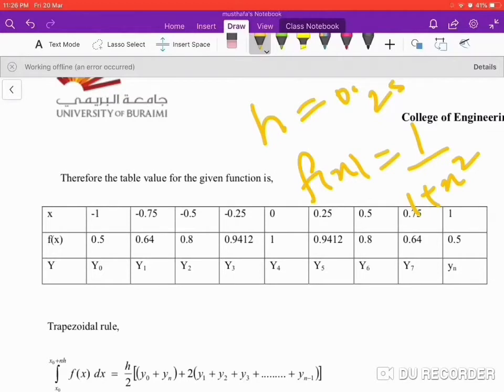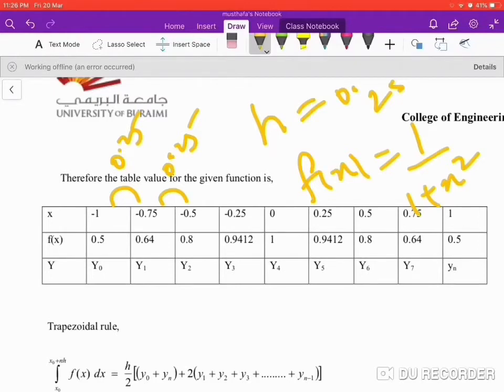Now divide the interval -1 to +1 into equal parts with a difference of 0.25. If you look at this, the difference is 0.25 here and also here, and each and every data point has a difference of 0.25.